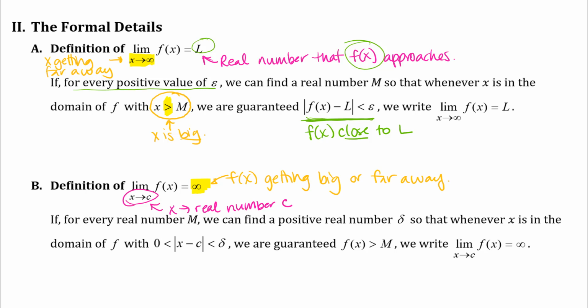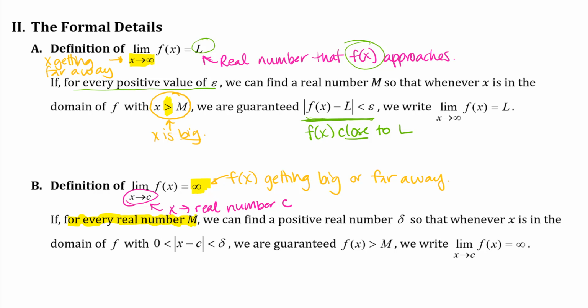All right, so what we should expect in this definition is that the stuff about x is similar to what we had before in our epsilon delta definition of limit, but the stuff about the outputs, the f of x, is what's going to be different. Okay, so stuff about the outputs, for every real number m, that's going to be about outputs, and that's different than before. We can find a positive real number delta.